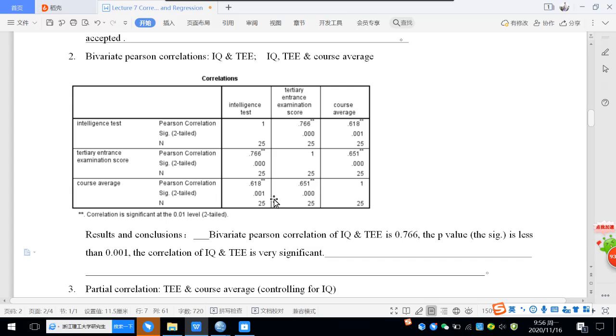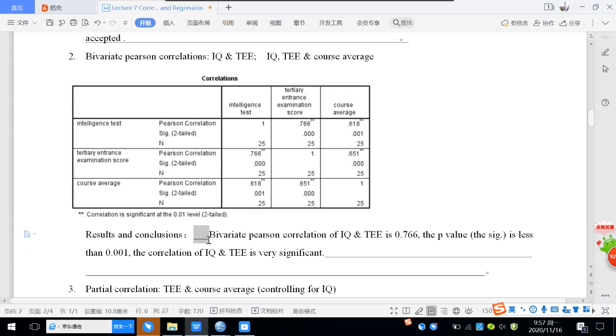Also, here the 0.766 means it has a positive relationship. Okay, the linear relationship is positive. If it's minus 0.766, then it has a negative linear relationship. Okay, yeah, that's the results and the conclusion of bivariate Pearson correlation of IQ and TEE.